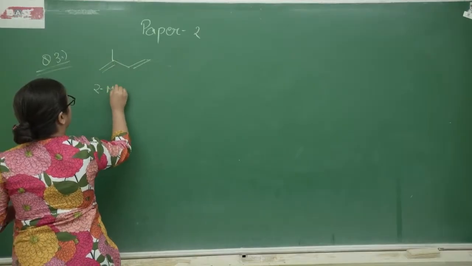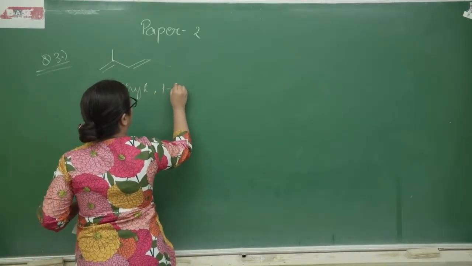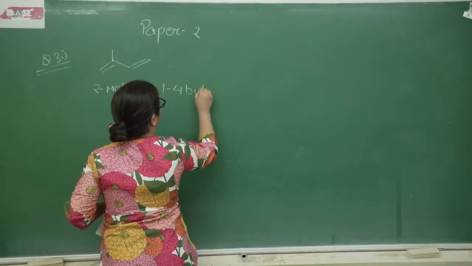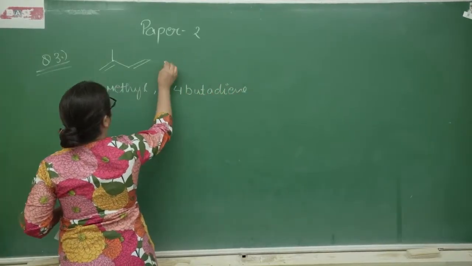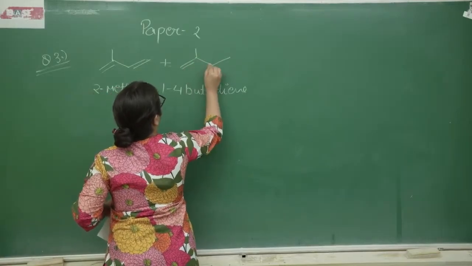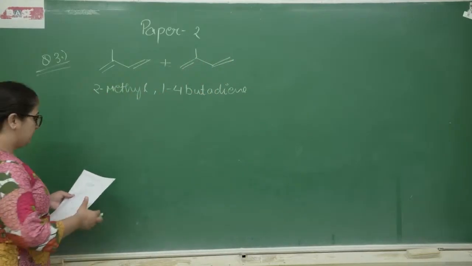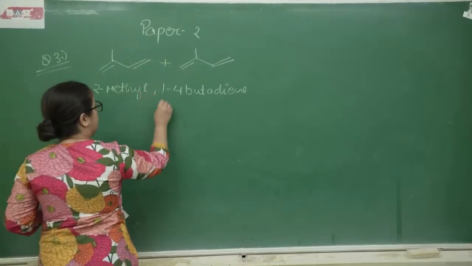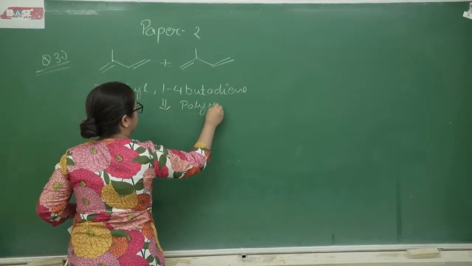So here we are given natural rubber, which is a polymer of 2-methyl 1,4-butadiene. So this will automatically, we know, undergo polymerization.